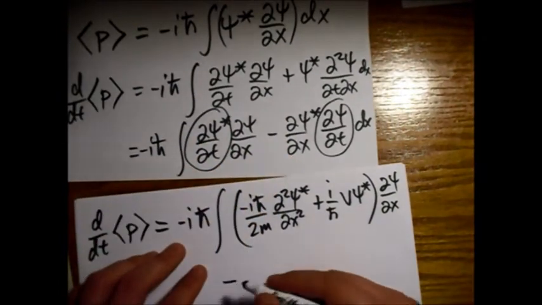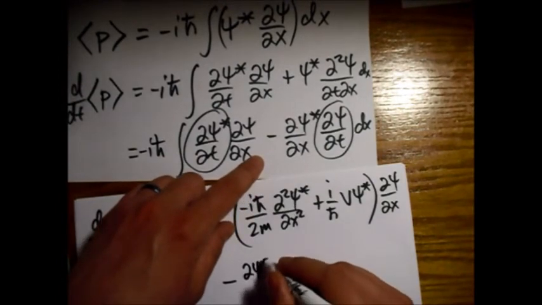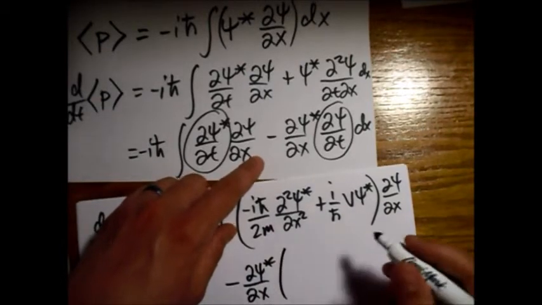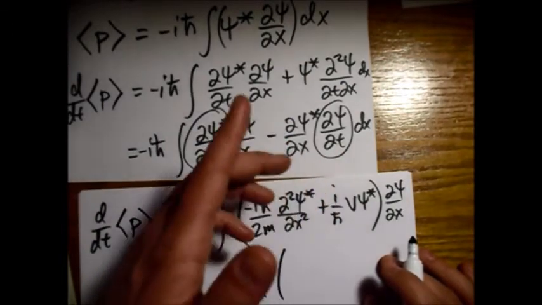We have a minus sign, and then we have our x derivative. That. Now we'll plug in the Schrodinger equation. So this is equation 1.23.